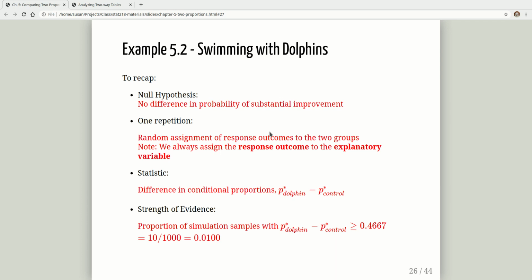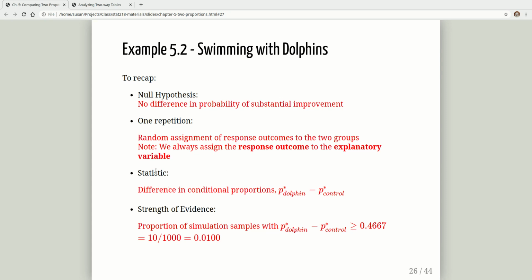We do a repetition that corresponds to random assignment. So we assign the response outcome to the explanatory variable. Okay. So think about this kind of in reverse. When we're doing the experiment, we assign individuals to treatment groups. Here we are assigning outcomes to treatment groups.